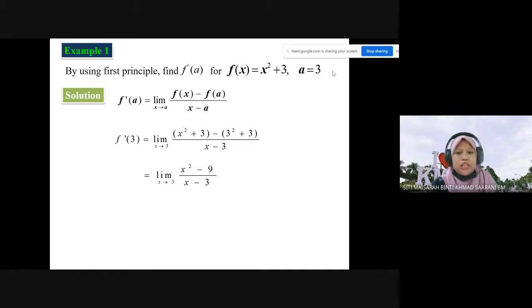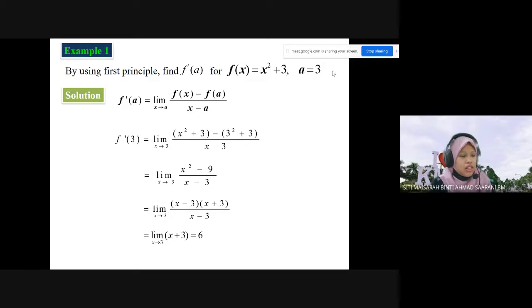So macam mana kita nak cancel? Since kita ada x square minus 9, we can factorize to limit x approach 3, x minus 3, x plus 3 over x minus 3. So then kita boleh cancel, we can terminate x minus 3, then we get limit x approach 3, x plus 3. So then kita evaluate limit tersebut, kita substitute x 3, we get 3 plus 3, then finally we get 6. So jadi f prime 3 is equal to 6.